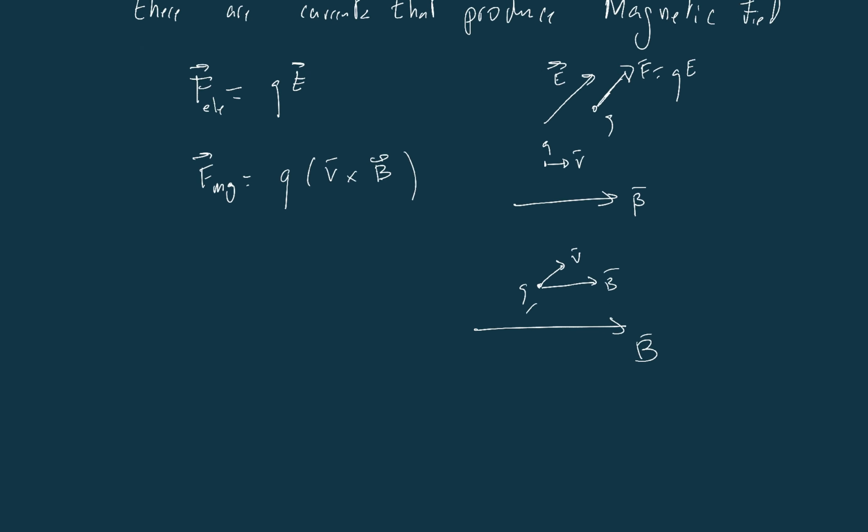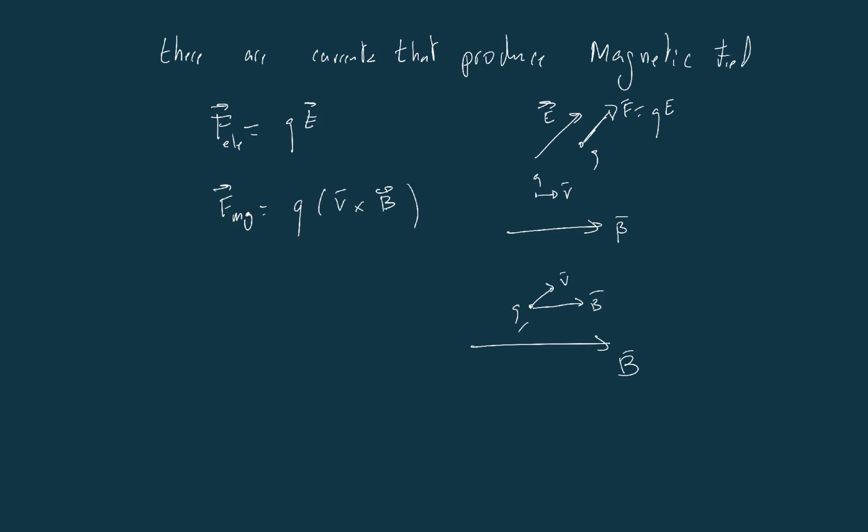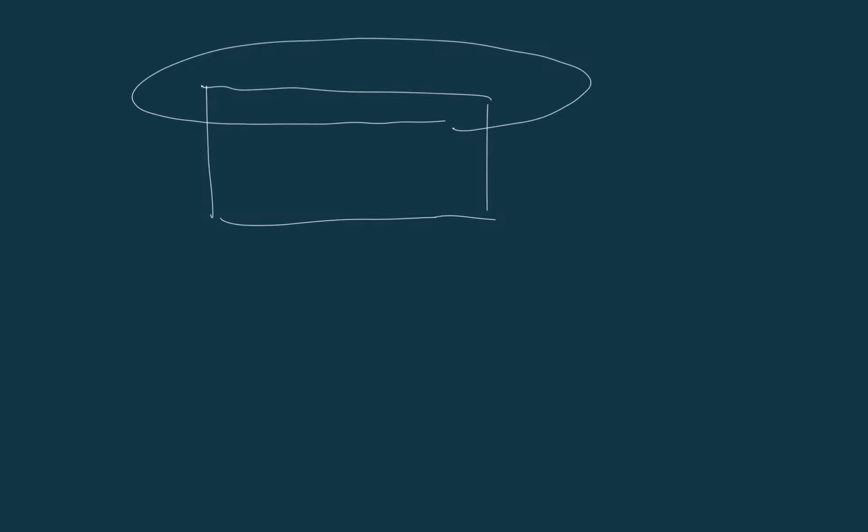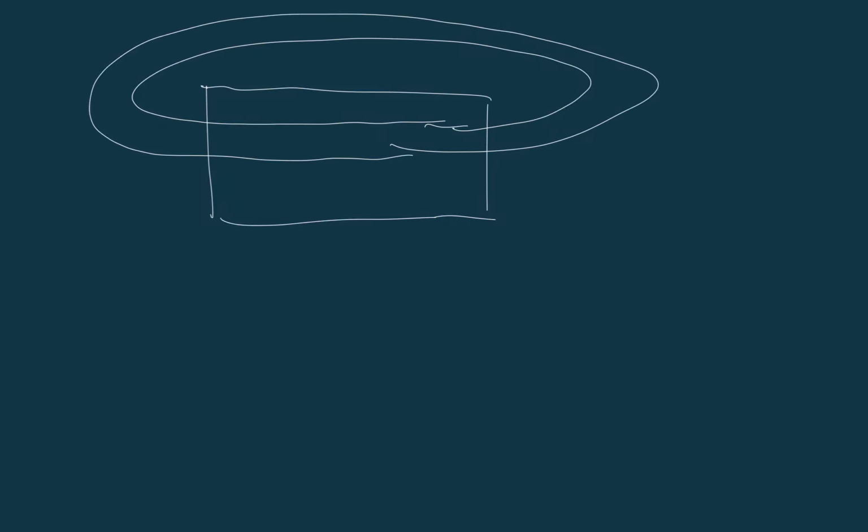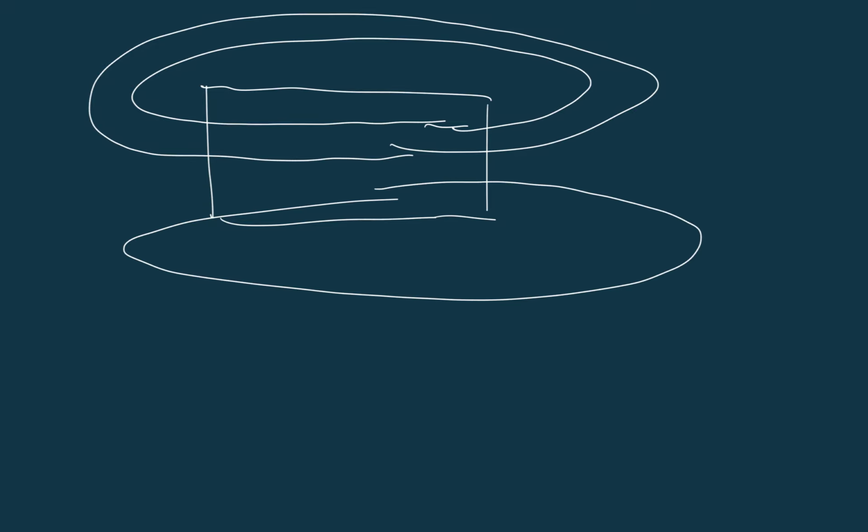Okay, so what happens with the second law of Maxwell equations? When you have a magnet, it produces magnetic field. And the magnetic field lines are closed paths. Wow! First, how is the magnetic field produced?